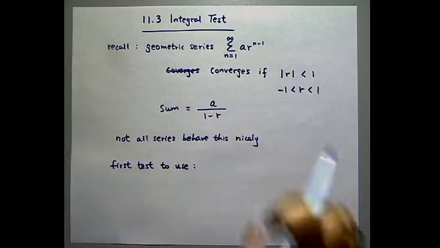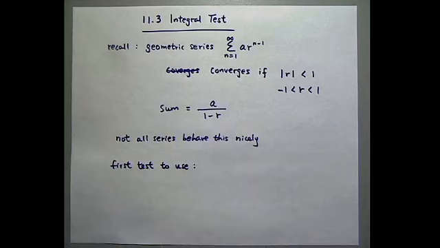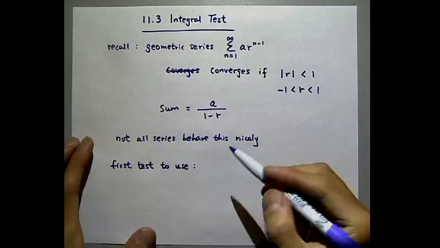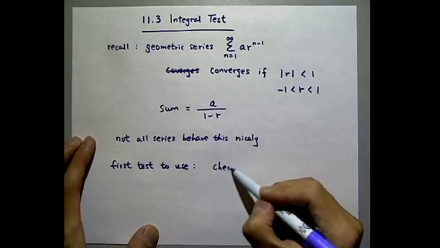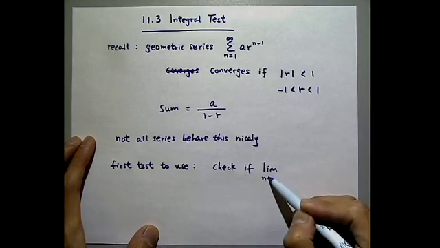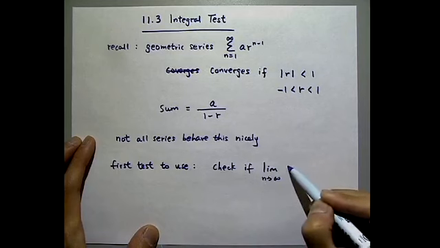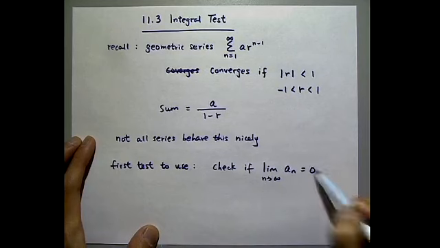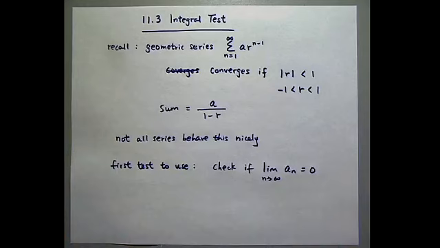you're going to learn a bunch of different tests from this point on. The first one you always want to use right away is to check if the terms go to 0 when n gets large enough.